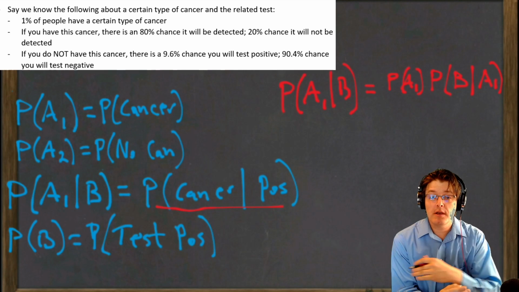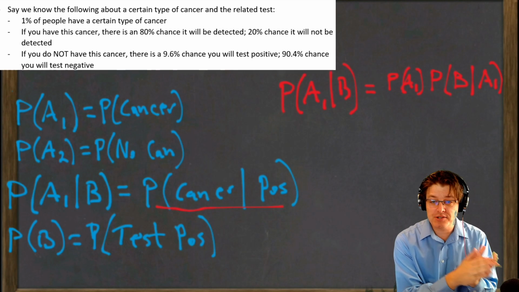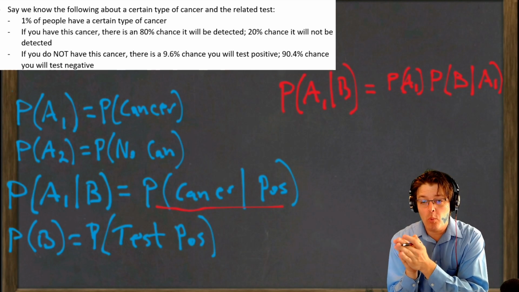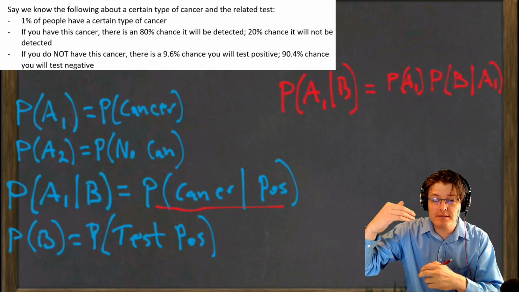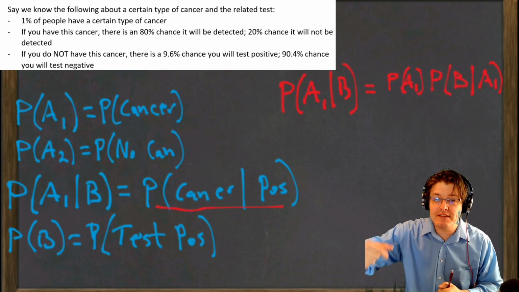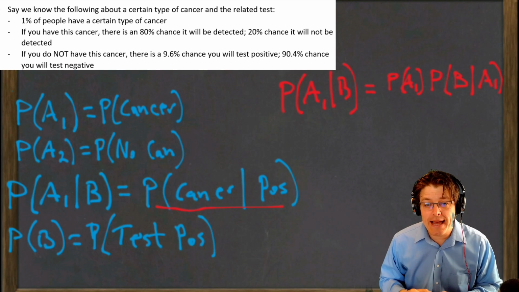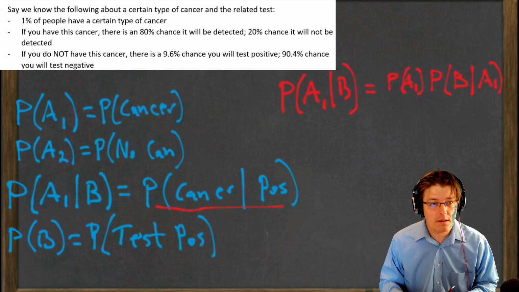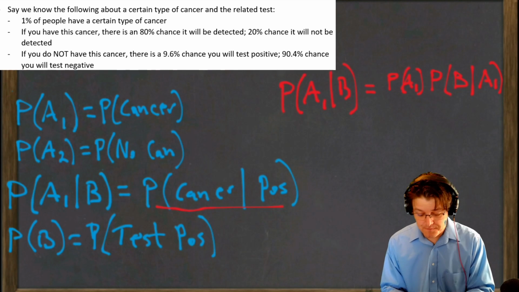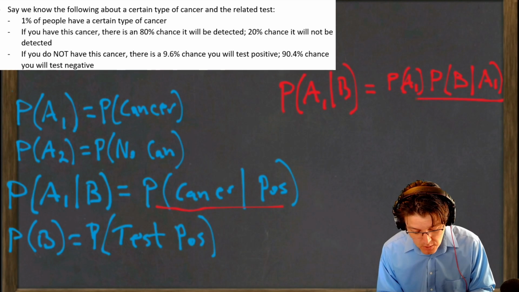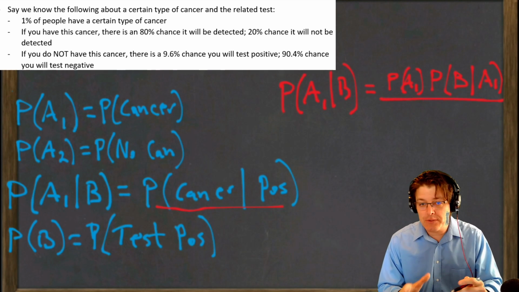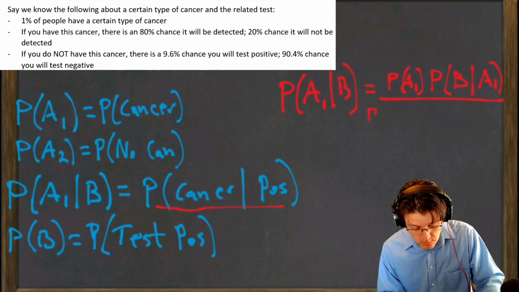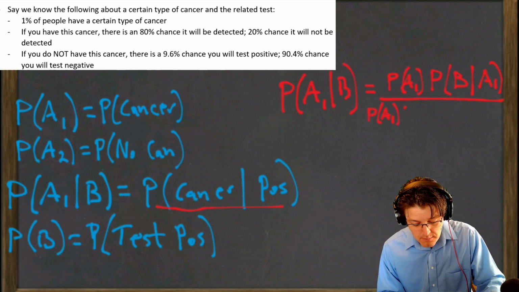This is the reverse. We're interested in the probability of cancer given the positive test, but one thing we can use is, what's the probability that you get a positive test given that you had cancer? Okay, and we know that information, so we'll come back to that in a moment. To finish out the equation, on the denominator, we also have the probability of A1, probability of B given A1. Okay, so that's the same.